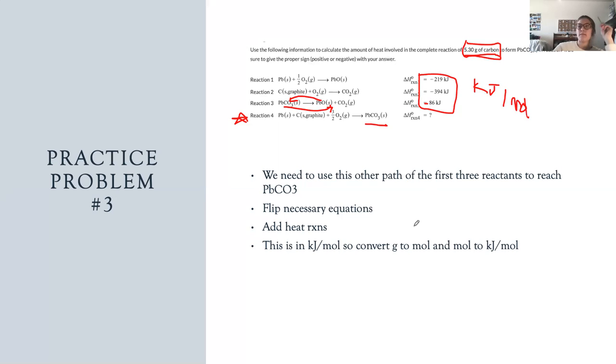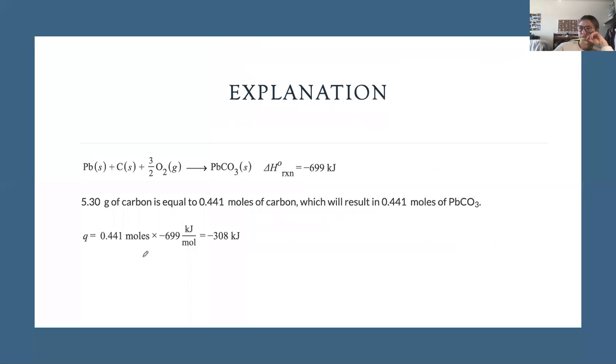So we need to take the sum of these numbers and convert it to moles. First, you would convert the grams of carbon into moles, and then that number of moles into kilojoules per mole. I think it's on the next slide. It'll make more sense that way.